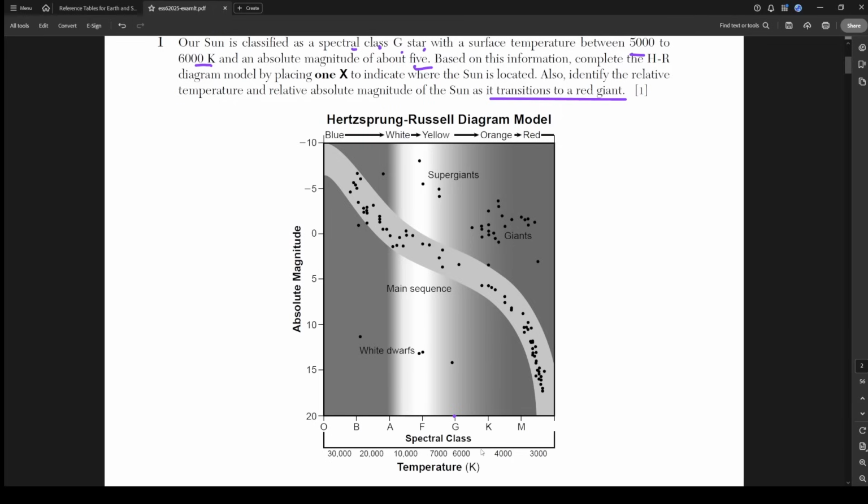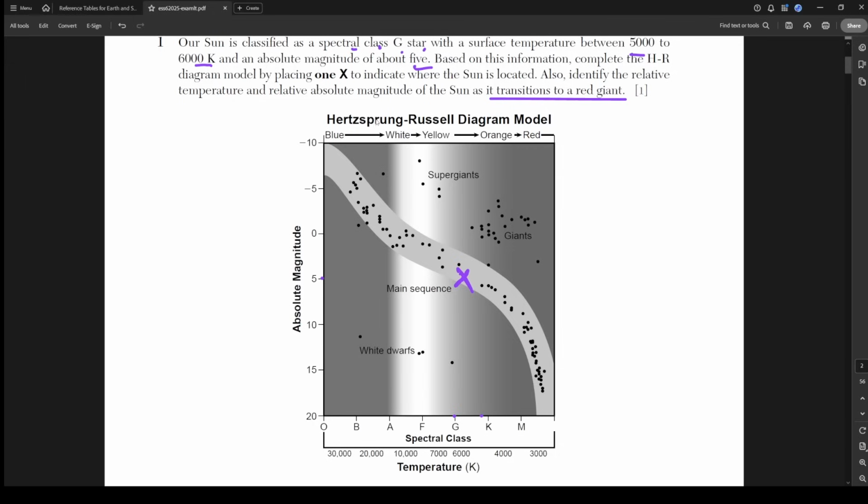So we could assume 5,000's here, probably between those two purple dots. And then an absolute magnitude of 5 is here. So we're going to go here, and we're going to meet up in that area. I'm just going to go to the middle, because that'll be a safe zone. So I'm thinking here is a good spot, and it says place an X there. Okay. So there's my X.